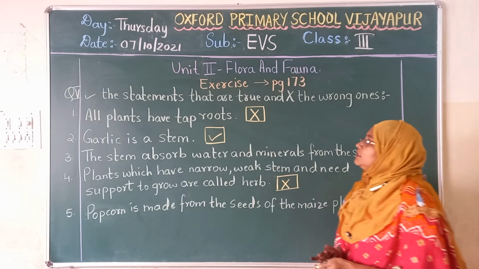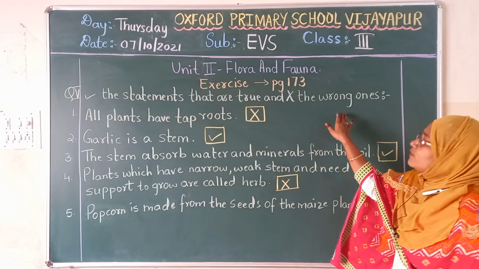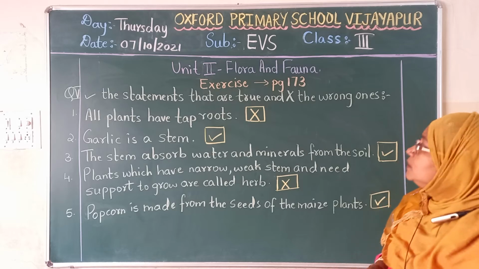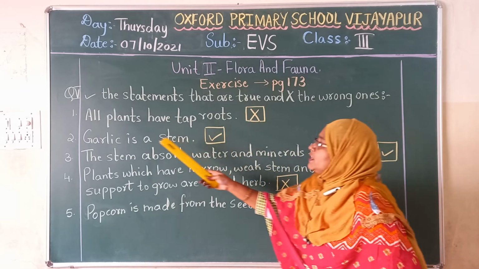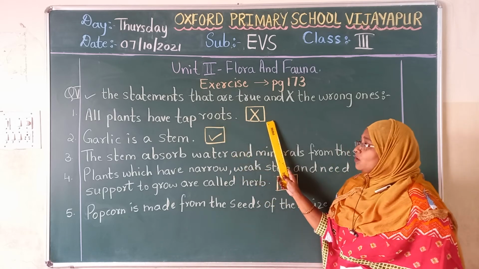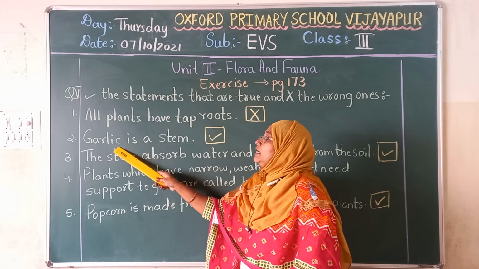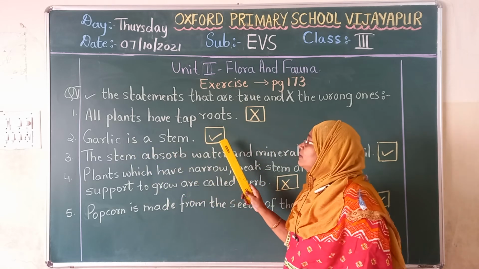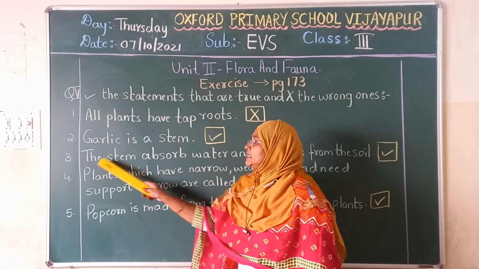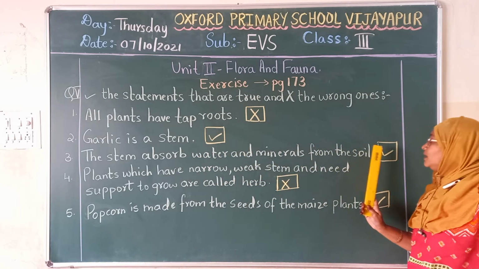Got it, children? Now see, take the statements that are true and wrong. Put cross the wrong ones. The first one is all plants have tap roots. Wrong, because some of them are having fibrous roots also. Garlic is a stem. Right. Third one, the stem absorbs water and minerals from the soil.